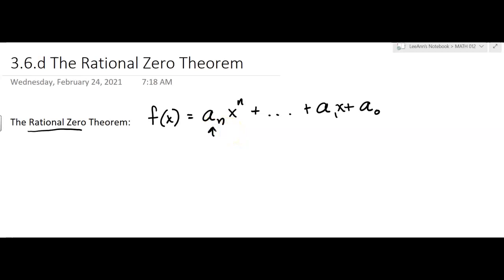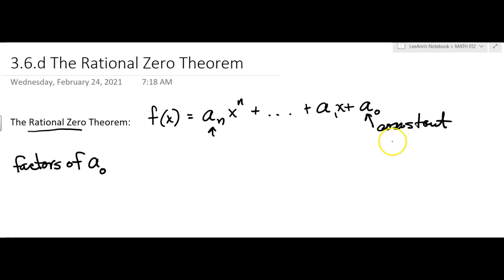So the rational zero theorem, what you do is you look at the constant at the end, okay? And you want to look for the factors of a naught, okay? So let me explain what a factor is.